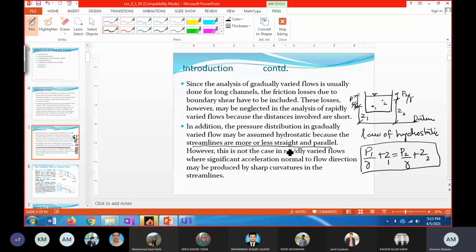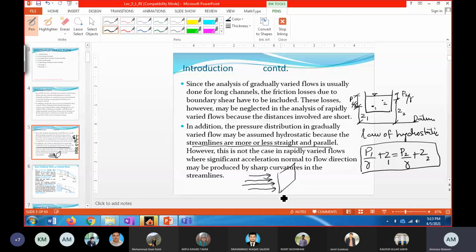If the fluid is flowing like this in parallel streamlines, you introduce an imaginary plane in between the flowing fluid.